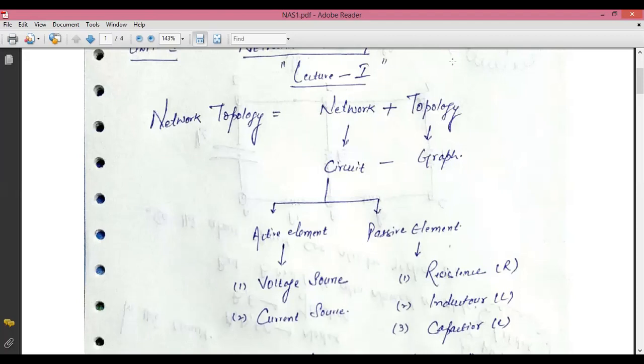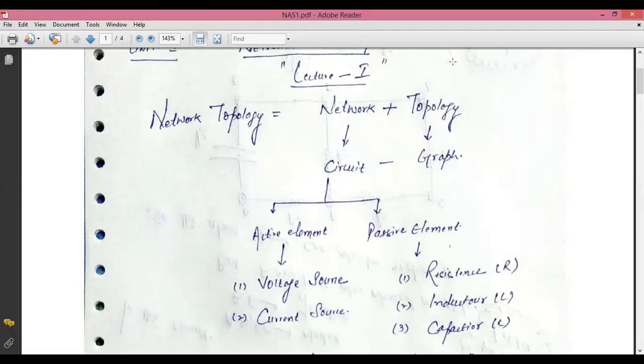For example, if I am taking your class right now, I am basically the active element and you are basically the passive element. Why is it so? Because at this time I am providing you the energy, so I am the active element, and you are using this energy, so you are basically the passive element.